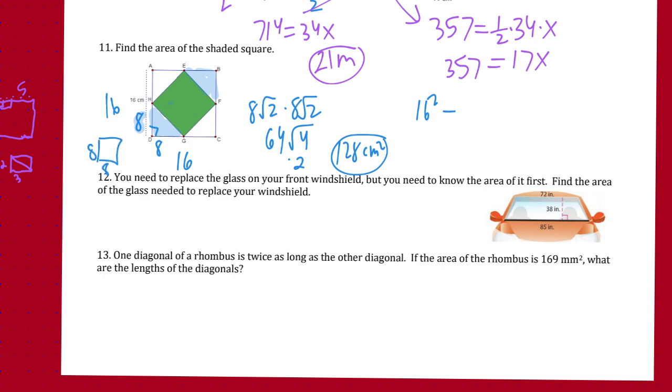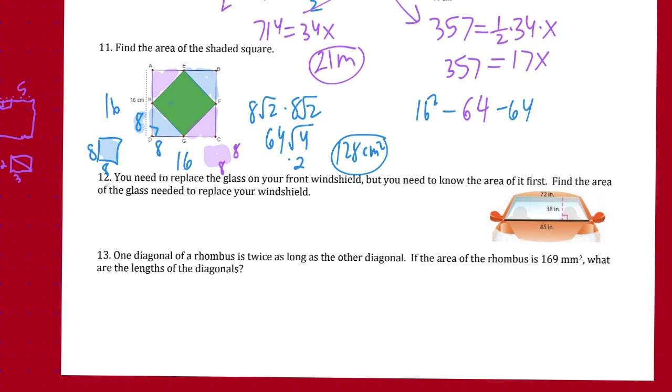And then if you looked at, say, this part here and this part right here, the blue part, these two blue triangles form an 8 by 8 square. The other part over here forms an 8 by 8 square. So that would be 64 plus 64. You could subtract off 64 and subtract off another 64 and you'd be left with just the green part.